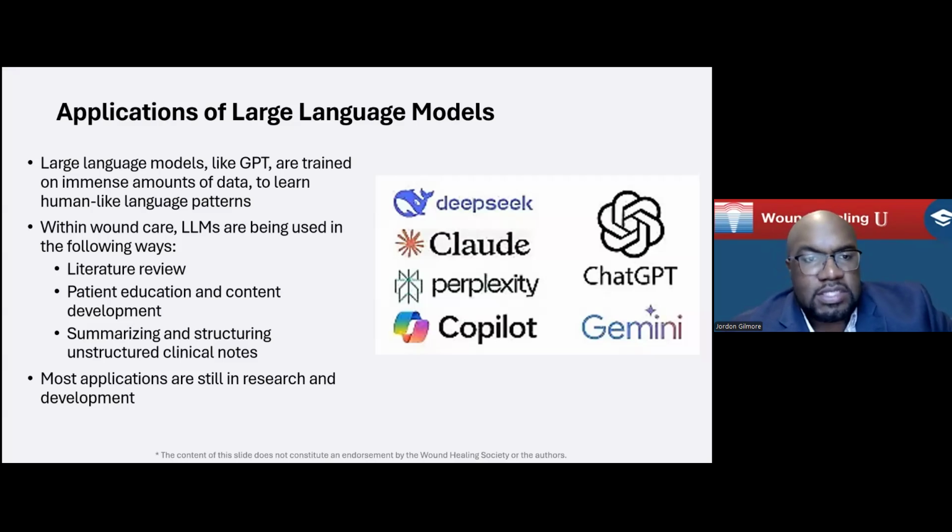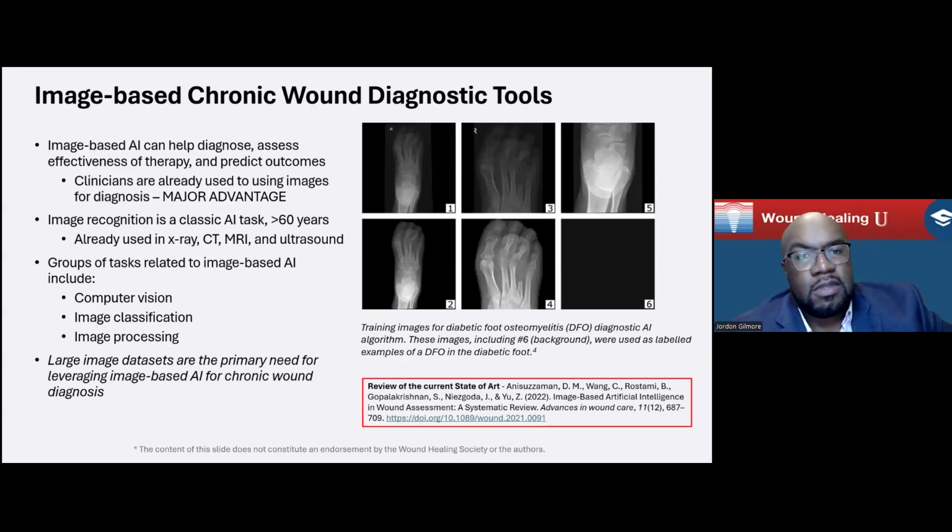But in some specialized cases, there are large language models that are trained specifically on a particular context, such as healthcare, such as what Dr. Vlad was just talking about with Google Notebook with a particular group of literature or standards. Within wound care, these models are being used to do literature reviews, to put out patient education and content development. And I have an example on the next slide of that, and also summarizing and structuring clinical notes.